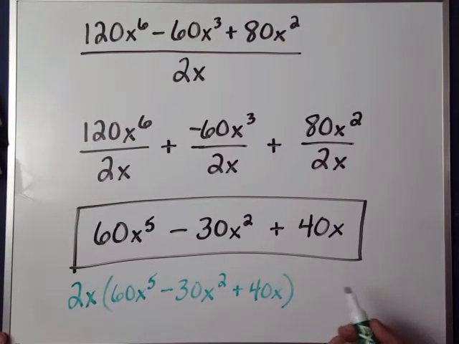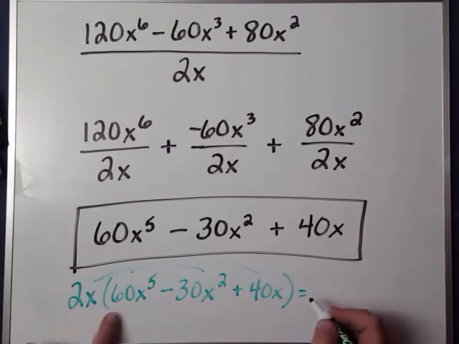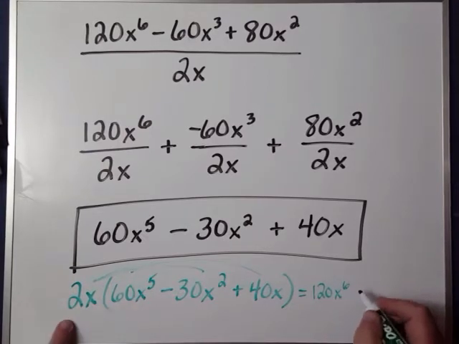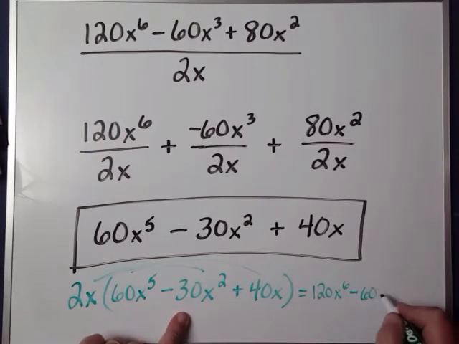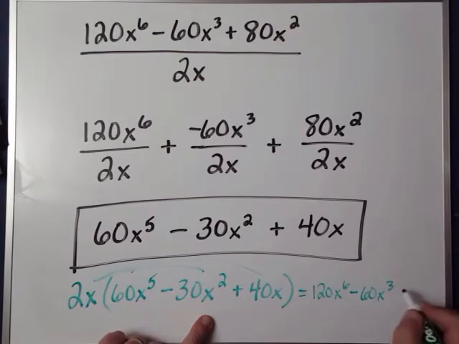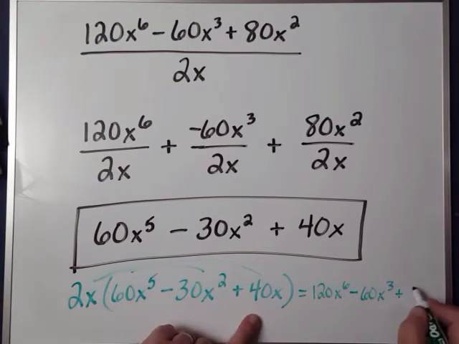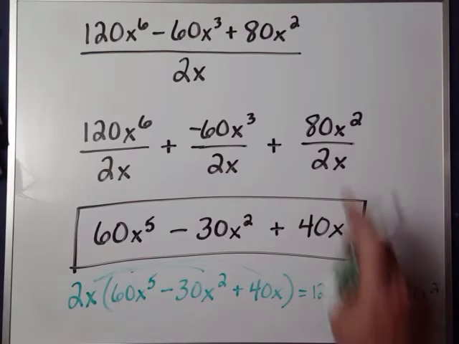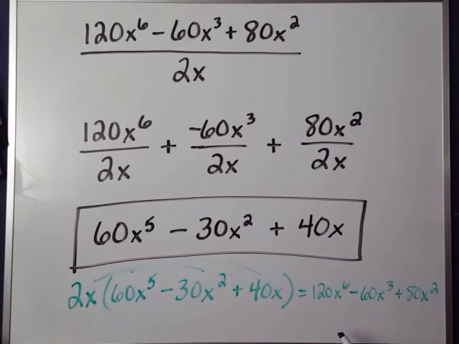And so this is a quick and easy check. Distribute that 2x, and we'll get 120 x to the 6th minus 60 x cubed and plus 80, and x times x is x squared. That matches my original dividend, this original numerator, and so that checks.